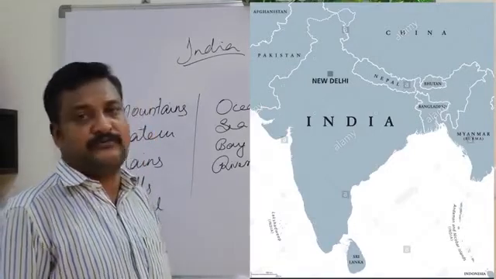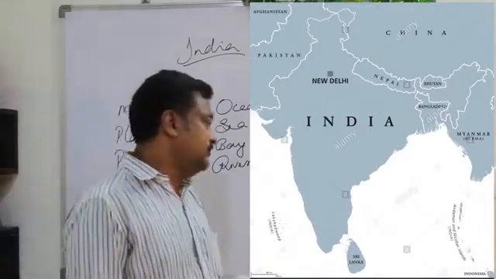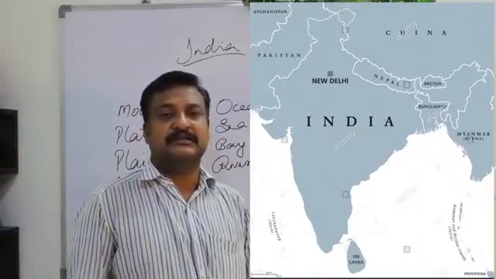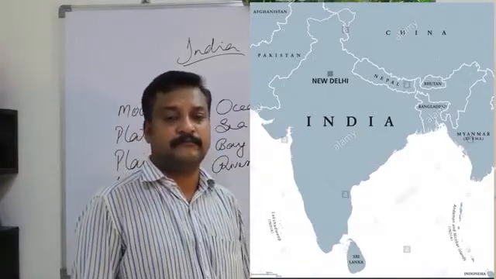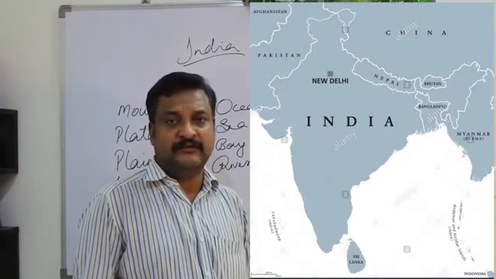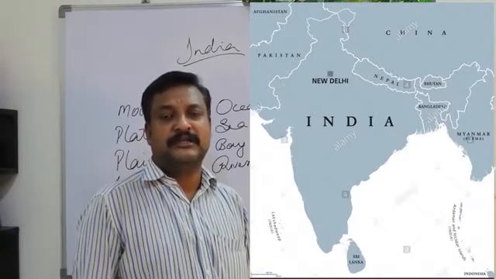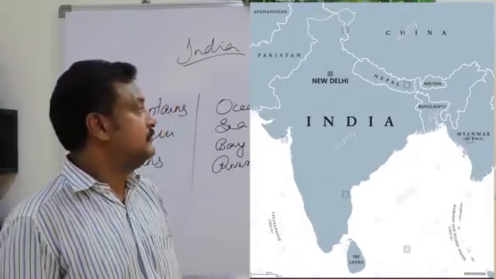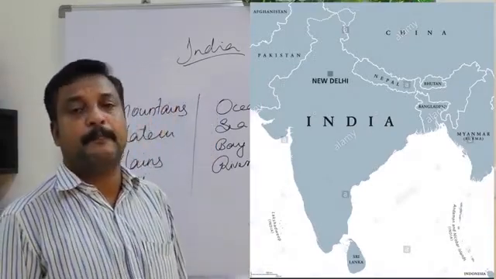And on the north we have the Himalayan mountains, and above that we have the country China. Okay, so I'll leave you for 1 minute. Observe the map and look at the major boundaries of India.